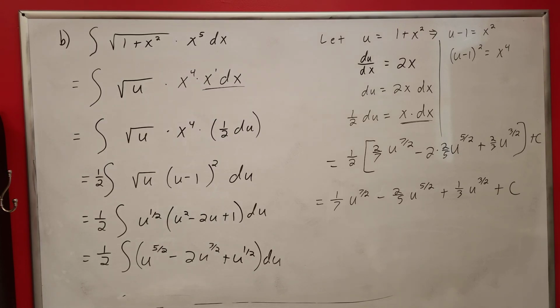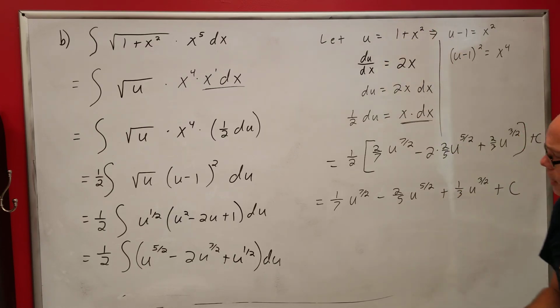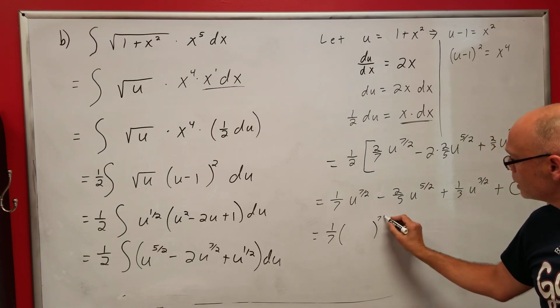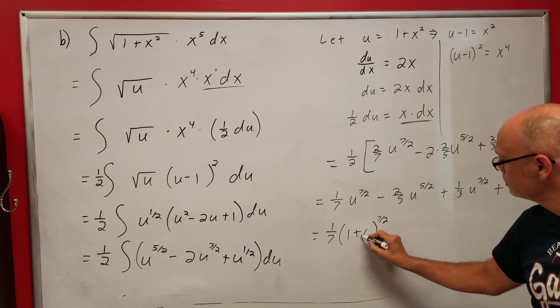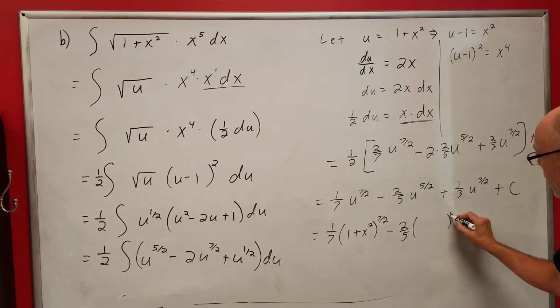Now what's the last step? For each one of these u's, we want to put back in terms of x. So we want to say u is 1 plus x squared. So we have 1/7 times u to the 7/2. But we said u was 1 plus x squared. Minus 2/5 times u to the 5/2.